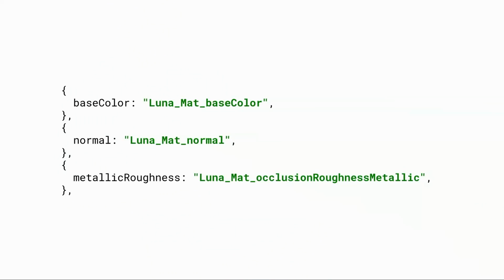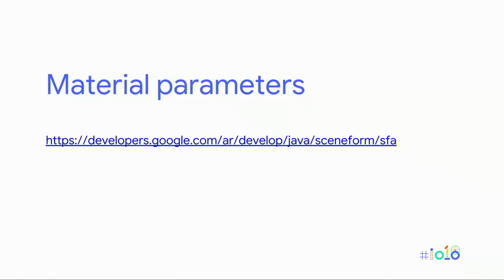And it looks a little bit something like this. So this is the SFA from the moon, the moon of the Earth from our example. And you can see those attributes called base color, normal, and metallic roughness. So those point to textures that are defined somewhere else in the SFA file. I'm not going to go into details about the syntax and the structure of the SFA file, mostly because there's excellent documentation that's available online.